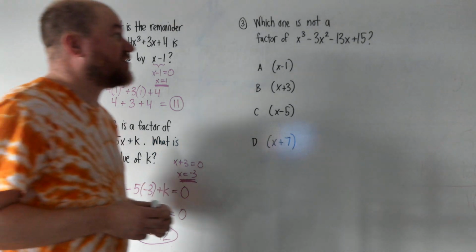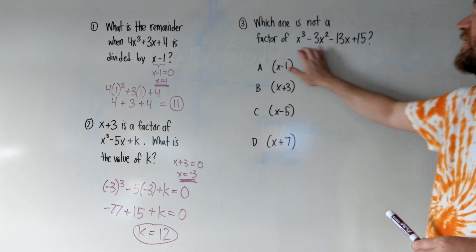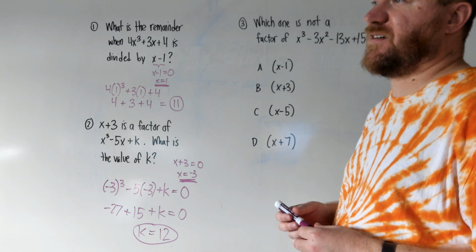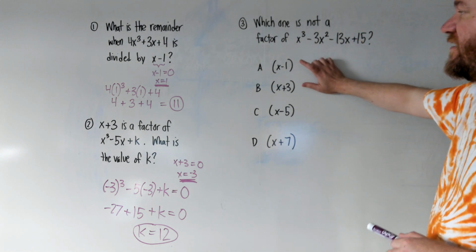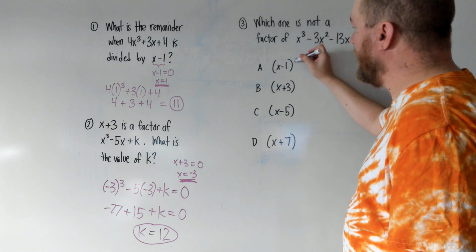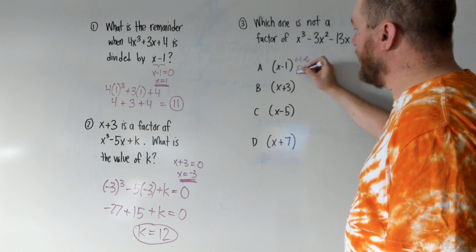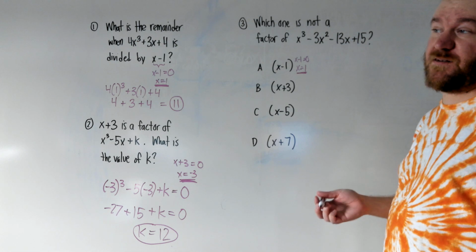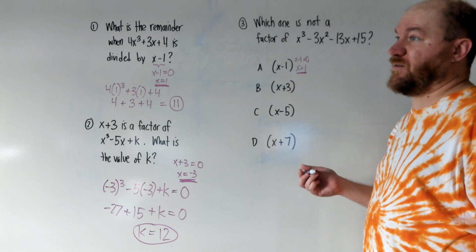And then the last question for today: which one is not a factor of this polynomial here? Remember, if something is a factor, it has a remainder of 0. If x minus 1 equals 0, x equals 1. If I put x equals 1 into this problem and it makes 0, then I know this is a factor because that would make a remainder of 0.